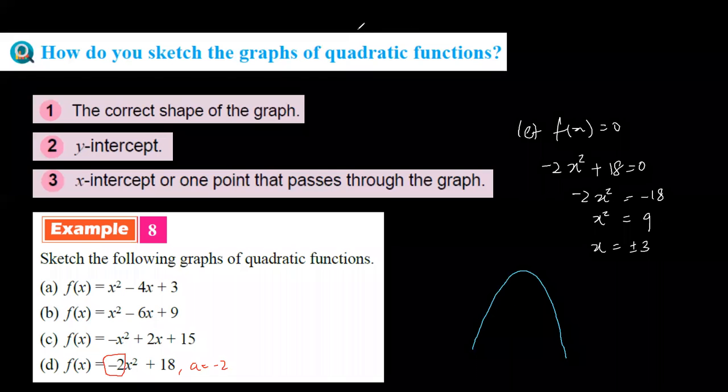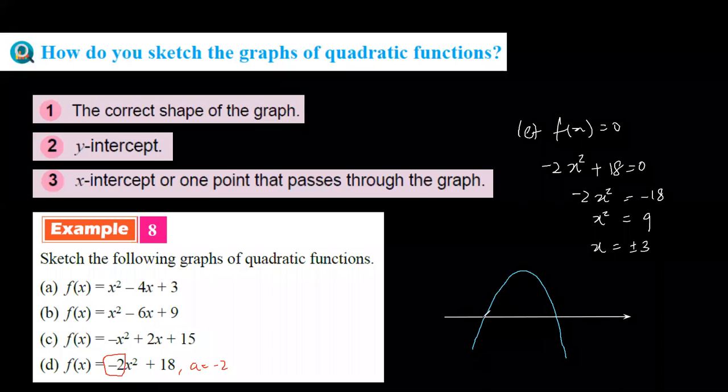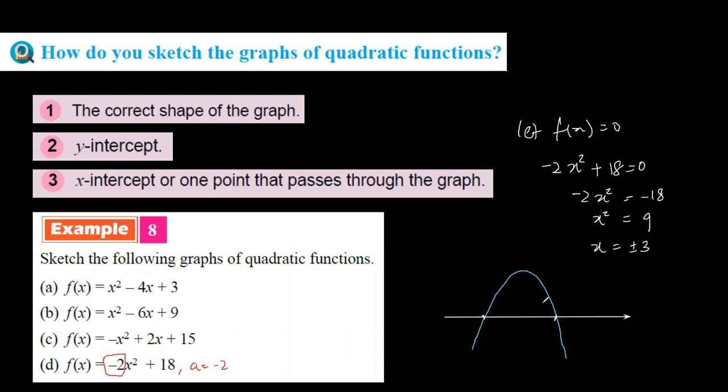Now we can draw the x-axis. Okay, this graph is not very perfect because you can see it's not symmetrical. So please, when you draw it on paper, make sure that it's symmetrical. So we have x equals negative 3 and x equals 3.